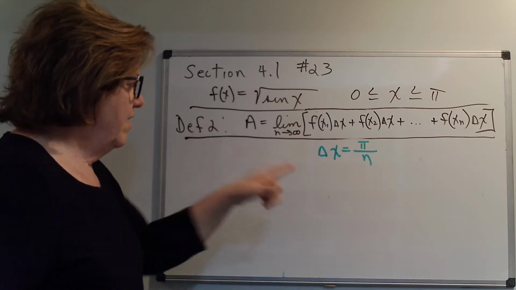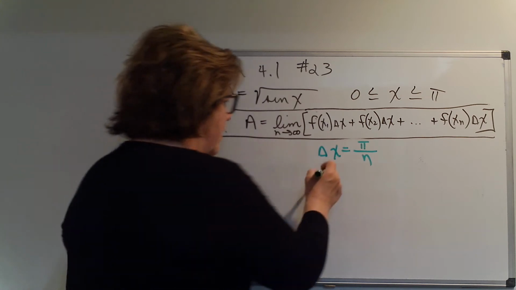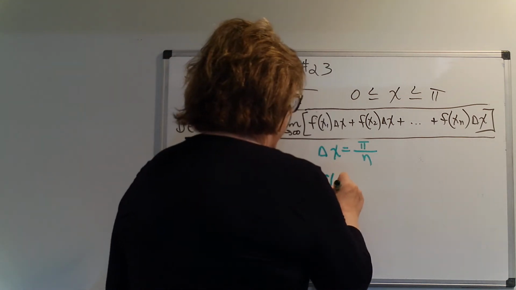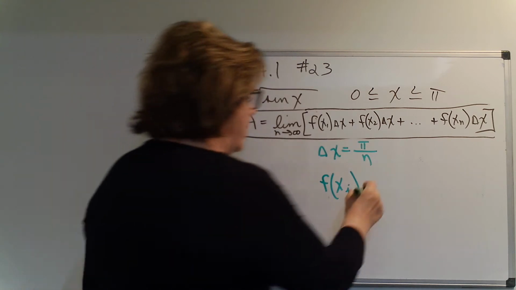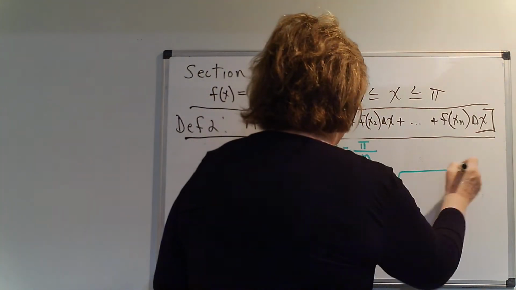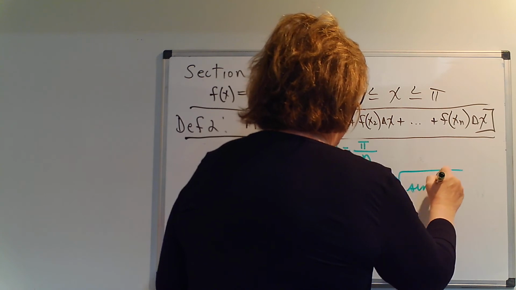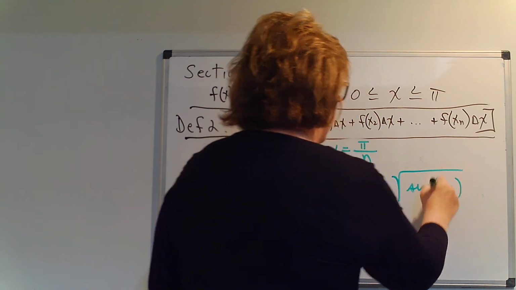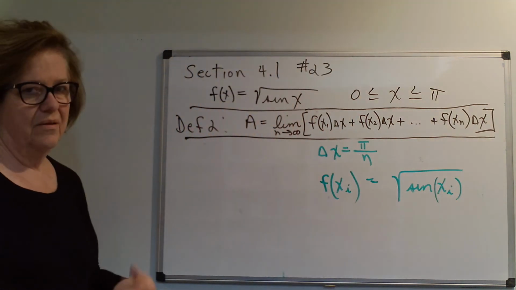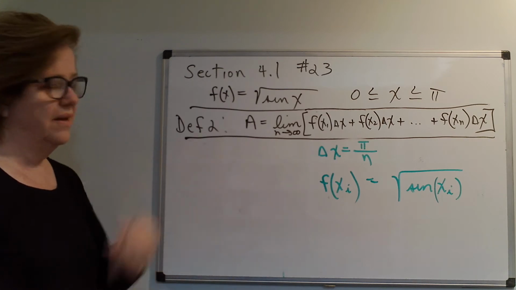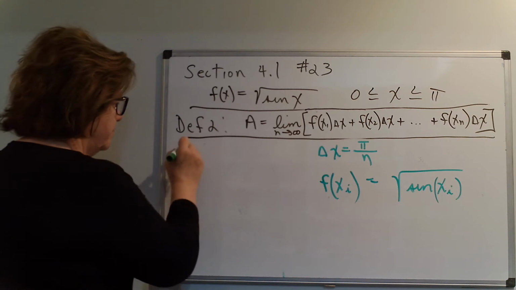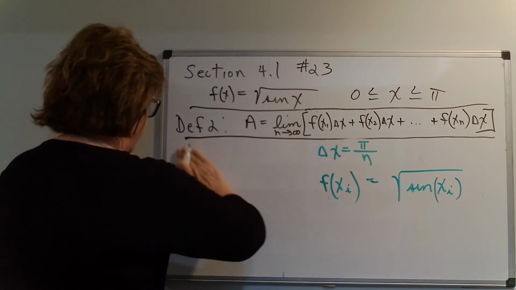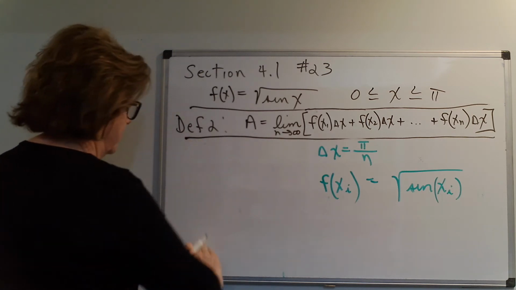Okay, now how are we going to write f at x sub I? f at x sub I is going to be the square root of the sine of x sub I. But we want to do better at specifying that. So let's say we have a picture like this.